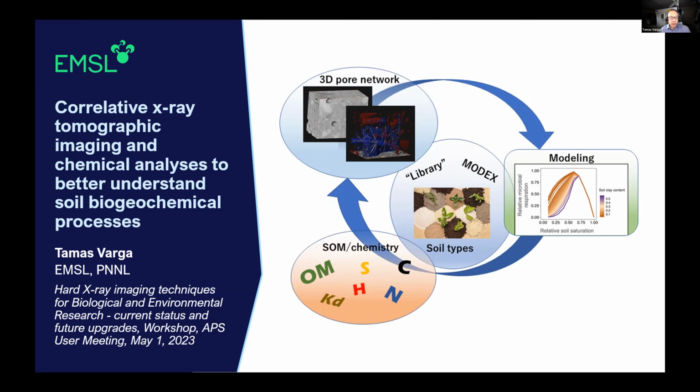We also try to get an idea of the different soil carbon pools, and how they are stabilized, by mineral extractions that I will tell you about, and then we also analyze the leftover organics. Both the structural information from tomography, the core-scale structure, and the chemical information get put into a reactive transport model.